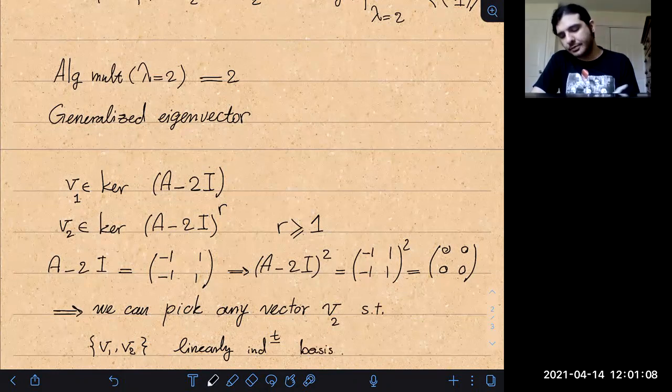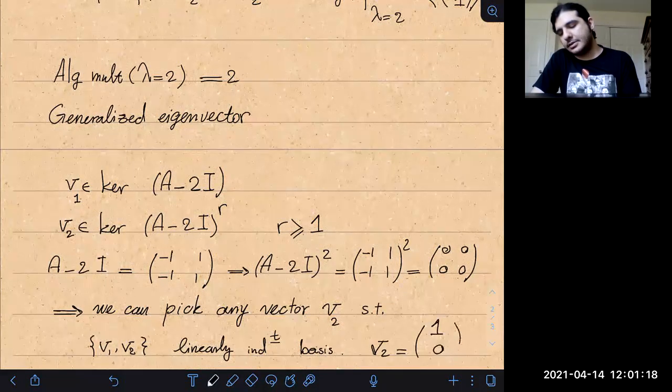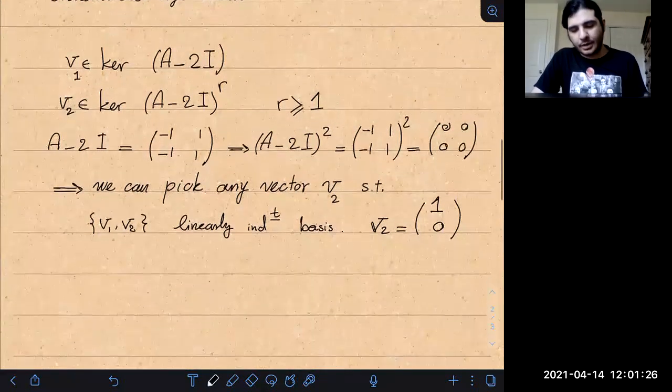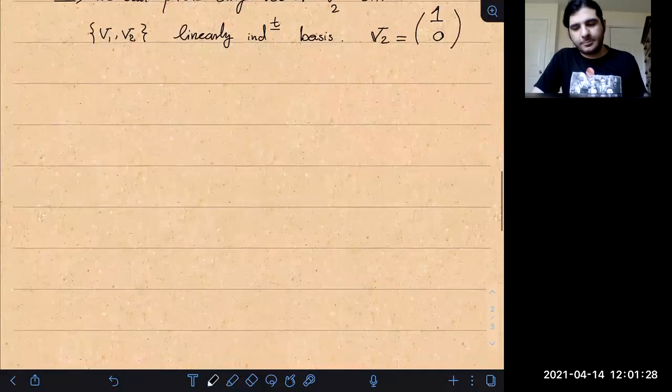So I can choose any v2 I want. Maybe the simplest choice is just 1 and 0, which of course is linearly independent with respect to 1, 1, which we already chose. So that's v2.